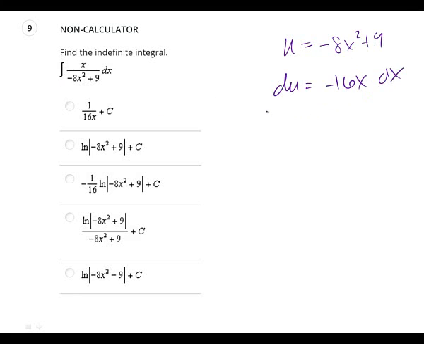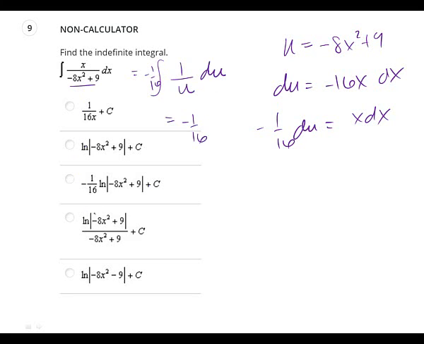I don't have the negative 16, so I'm moving the negative 16 over. So for this whole denominator, we're putting in u. For the x dx, we're putting in negative 1/16 du. So we got negative 1/16, good.